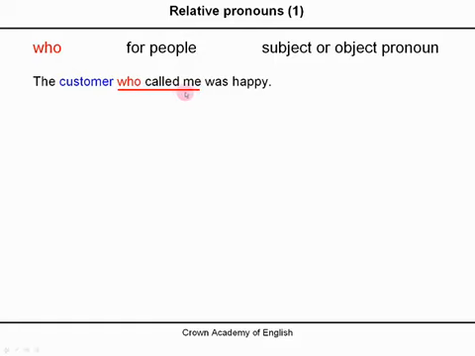So who called me is the relative clause, and who is the relative pronoun. And it is the subject. Sorry, who in this sentence is the subject pronoun, because who is representing the customer, and the customer called me. So it is the subject.